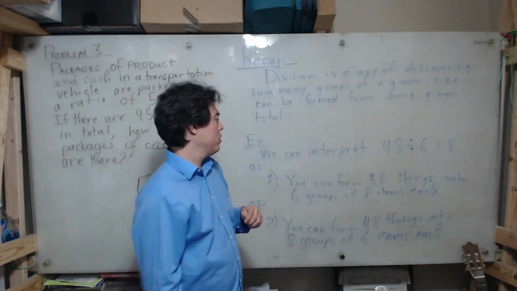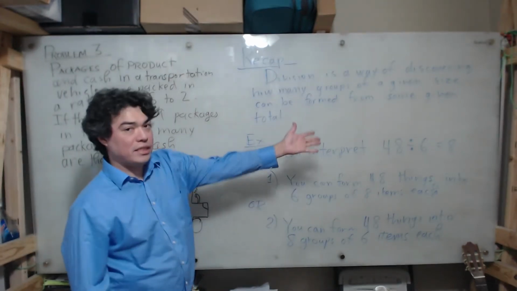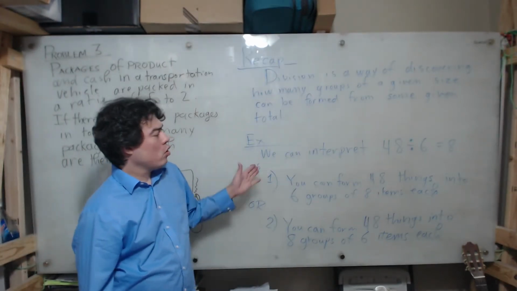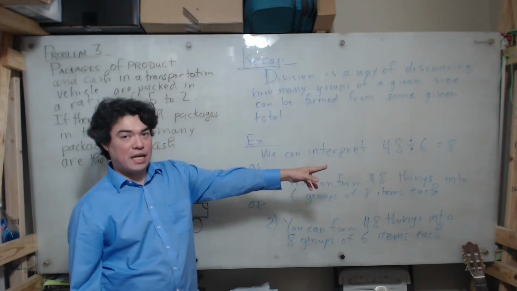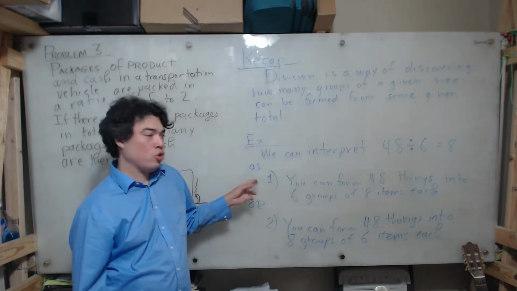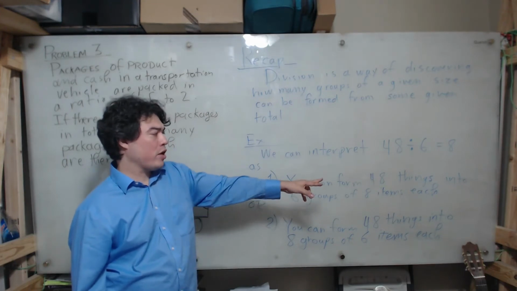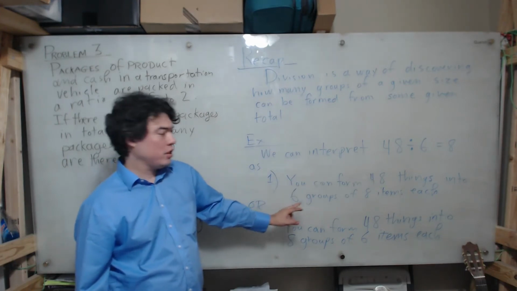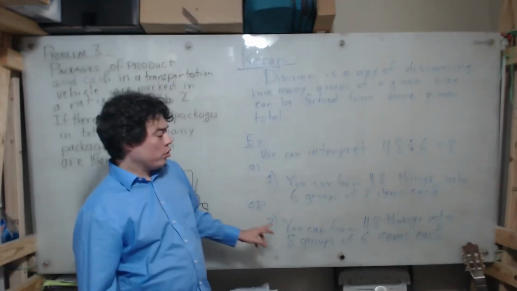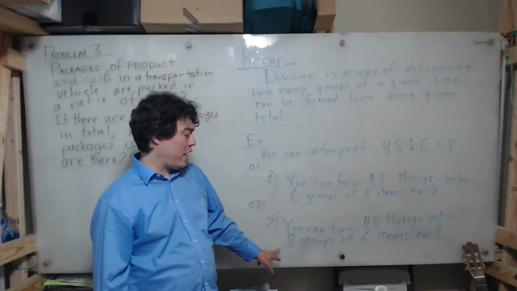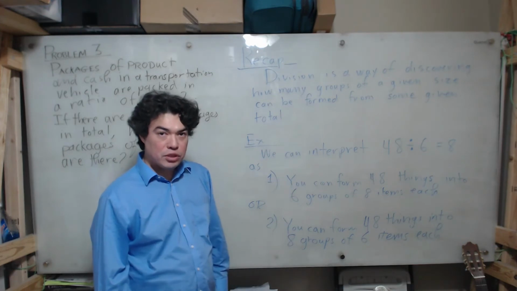Let me give you this example, which I've written here. We can interpret 48 divided by 6 as 8. You can form 48 things into 6 groups of 8 items each, or you can form 48 items into 8 groups of 6 items each.